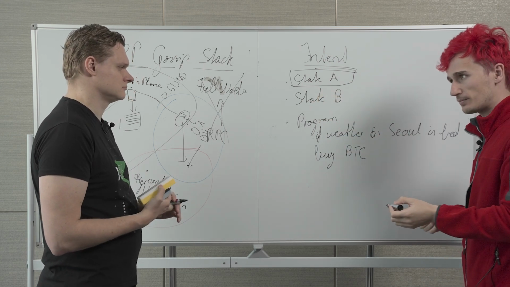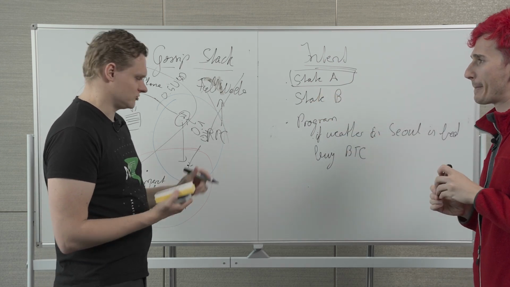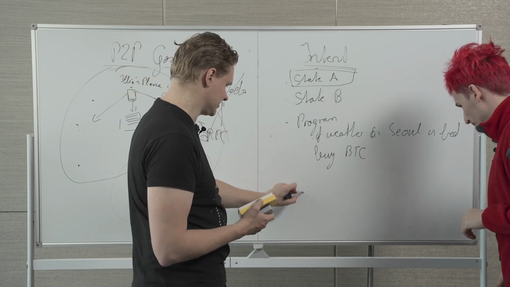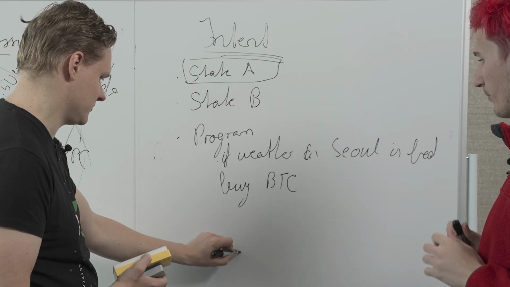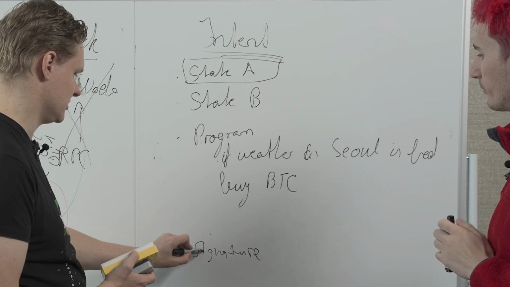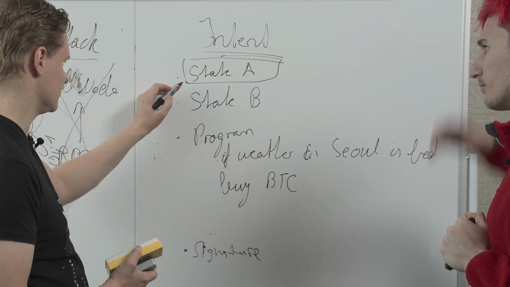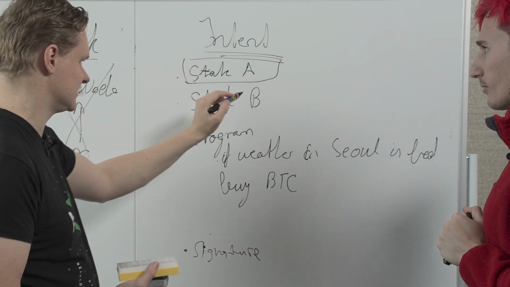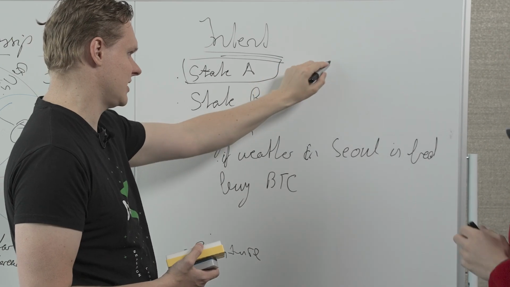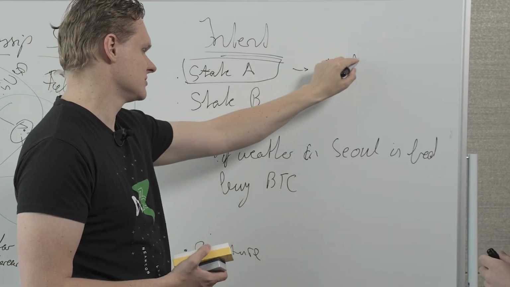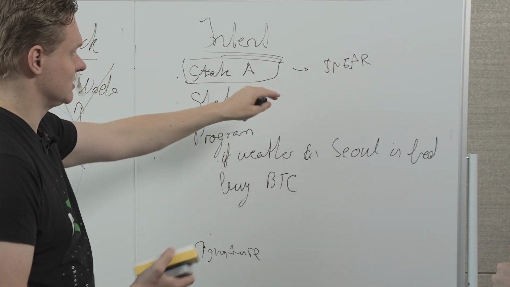So I'm assuming there's a signature somewhere here. Yeah. So when we talk about state A, let's use a specific example: let's say I have some NEAR tokens for simplicity.